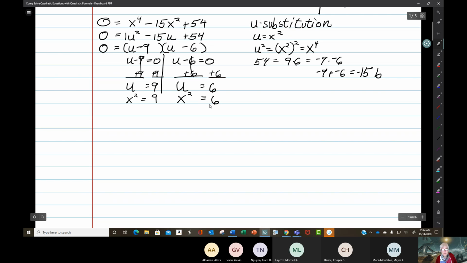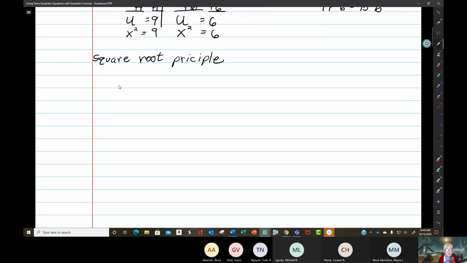Now, we got introduced to this yesterday as well, the square root principle. Okay, if I'm stuck with an equation like this, x squared equals 9, there's a temptation to say, well, x equals 3, that's half right.